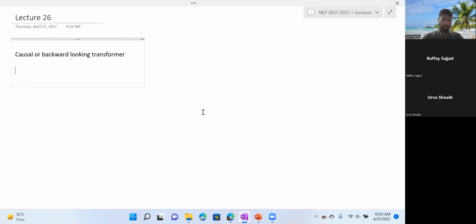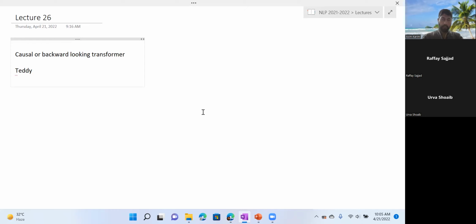So for example, you can think of the word Teddy. Teddy could be the name of a person. It could be something else as well. For example, it could be teddy bear, which is not a name of a person. But if Teddy appears in a sentence and you have some information that appears after Teddy that tells us that Teddy is actually the name of a person, then NER would benefit from this.